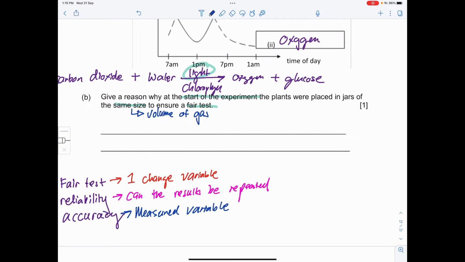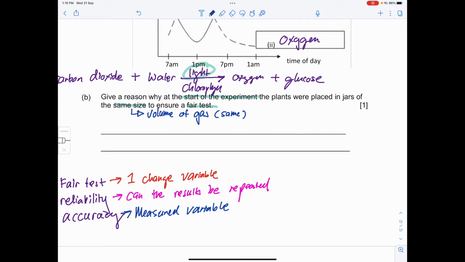The size of the jar doesn't matter to me if I have another way to ensure that the amount of gases that both plants receive is the same. So this volume of gas being the same, the idea of it needs to be in my answer.